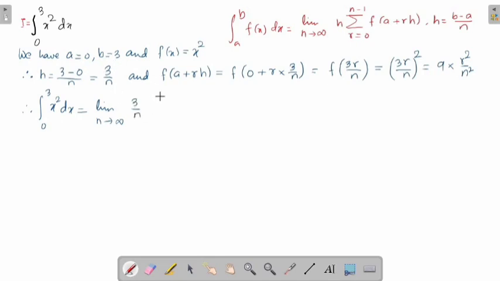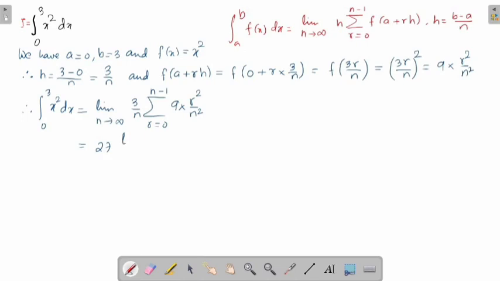Summation, r is from 0 to n minus 1, f of a plus rh. f of a plus rh is 9 into r square by n square. Now 9 is a constant, so you can bring this 9 outside the summation sign. So it becomes 9 into 3, which is 27, and you can bring that 27 outside the limit.